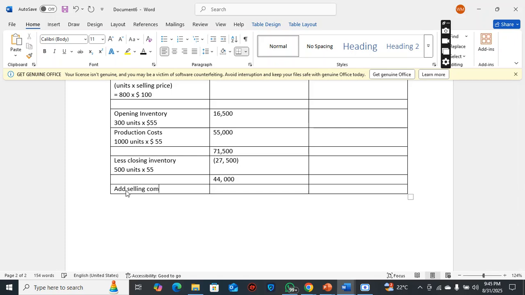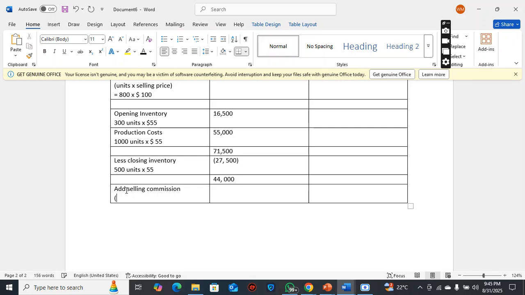Any other variable costs which are not attached to the production department, you now add them to your cost of goods sold. They told us it's $5 for every unit sold.